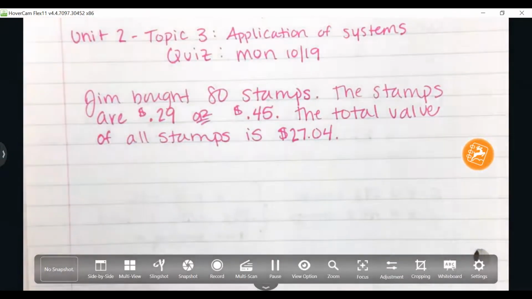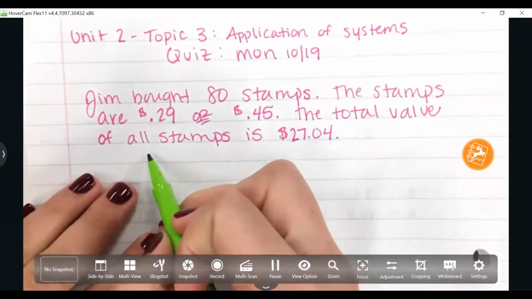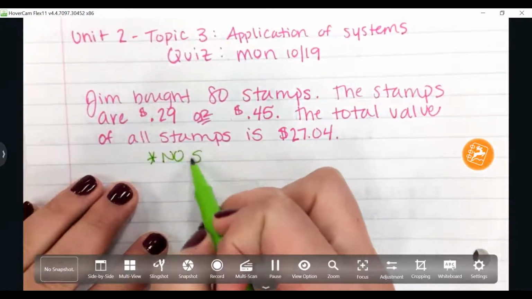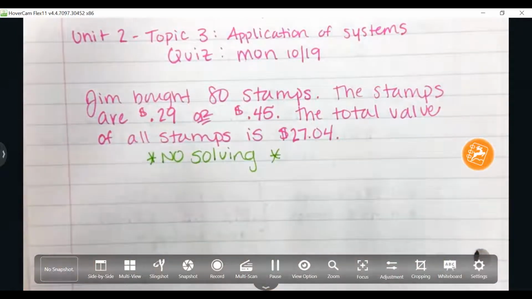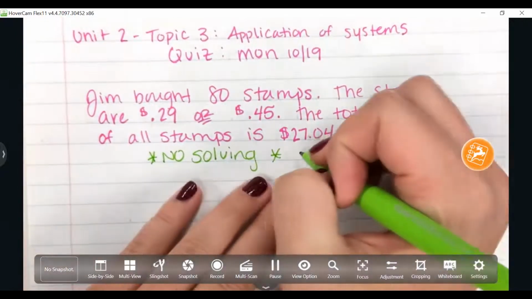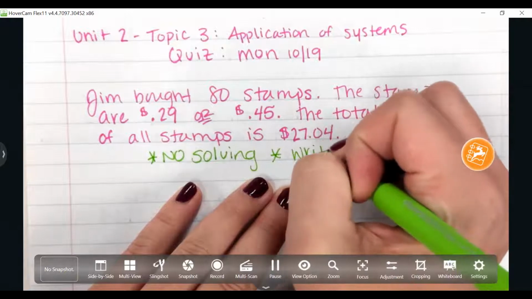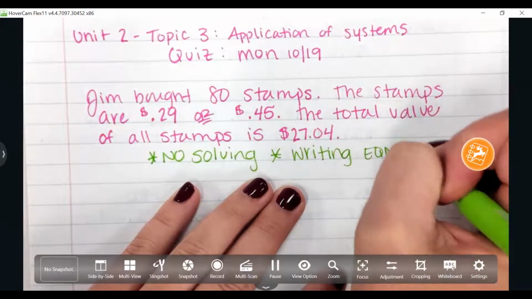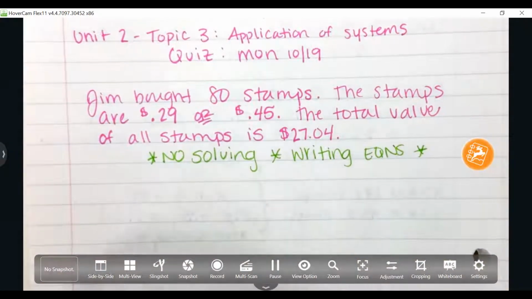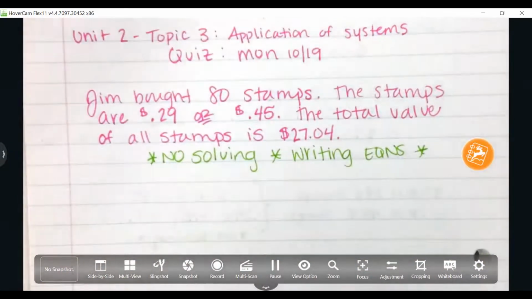Here's the biggest thing for all of topic 3. There is no solving, meaning I shouldn't have an x equals a number. We are just writing equations. That's all we're doing. We are not solving. Okay?